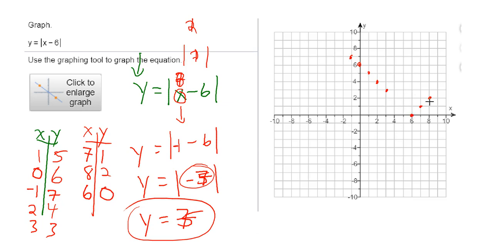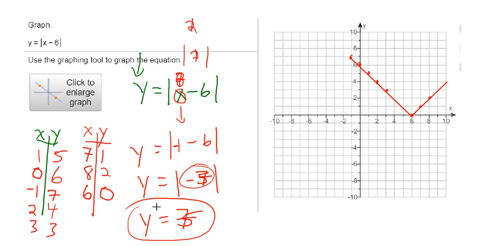And that's where the V shape is going to change directions. So what we're going to get on the left-hand side is a line going through all these points here. And it's going to end at 6, 0. I'm sorry, it's a little bit off the mark there. And then it's going to make a 45-degree angle here and cut back in the other direction. Right? And so we get a V shape.